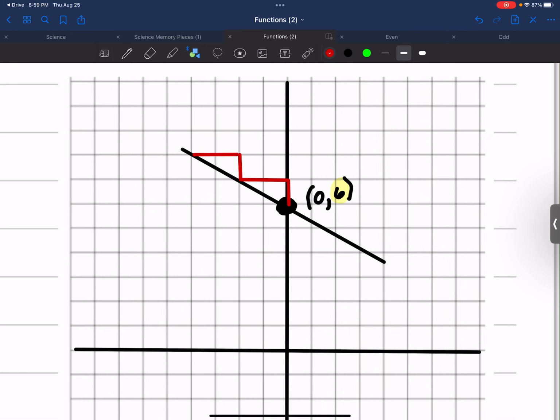Now, here's where the slope turns negative. I'm going to drop 1. So I'm going to drop down here and run 2. Then I will drop another one after running 2. So you see that those stairs are descending.